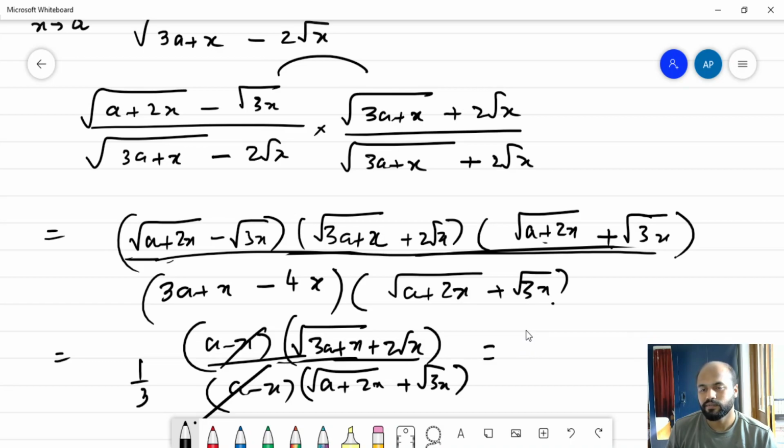So what we get is 4 root a at the top, and in the denominator we are going to get 2 times root 3a. That's what we get. So in the end, this root a and root a will cancel, and we will get the answer as 2 by 3 root 3.